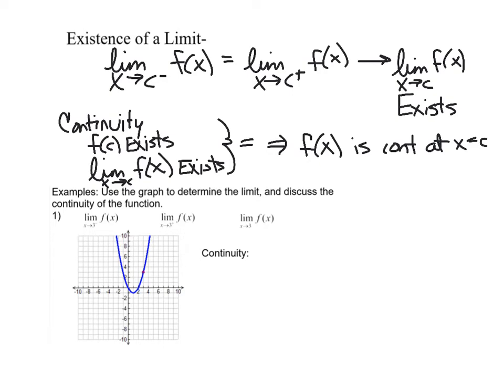So it's kind of a two-step process. We want to make sure that the limit exists by making sure that the left-hand limit and the right-hand limit equal each other. But we also have to make sure that the function value exists and that limit is equal to the function value. If that is all true, then we know that the function is continuous at x equals c.